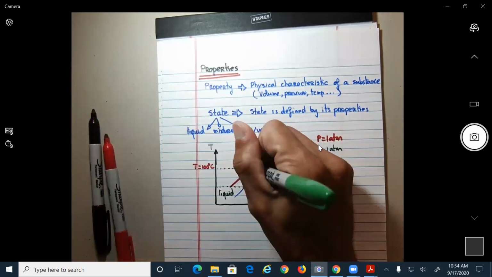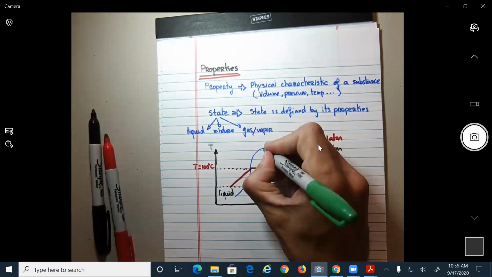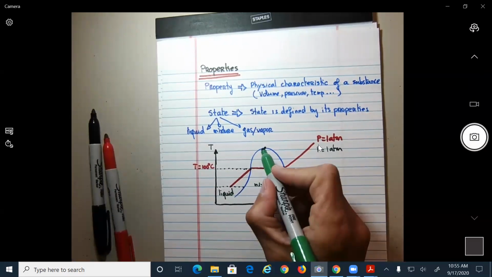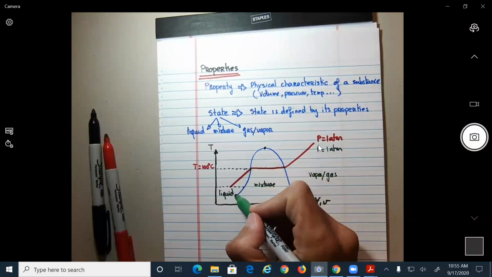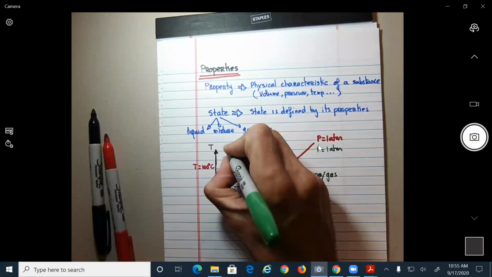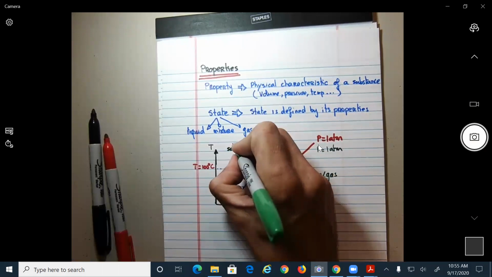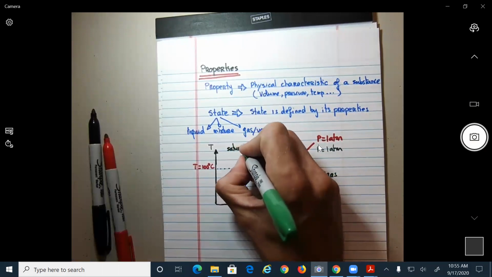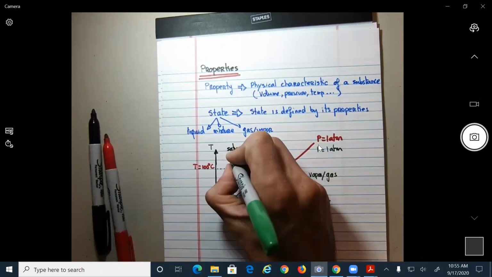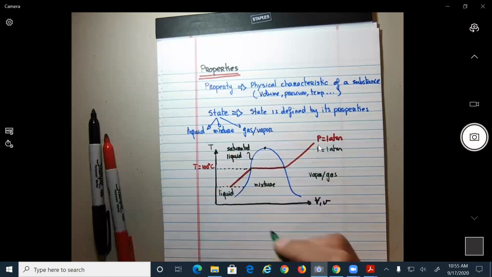These 2 points over here, this line between this point and this point, is going to be called the saturated liquid.